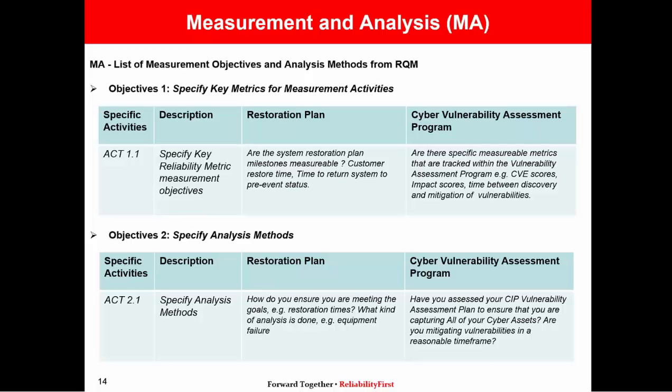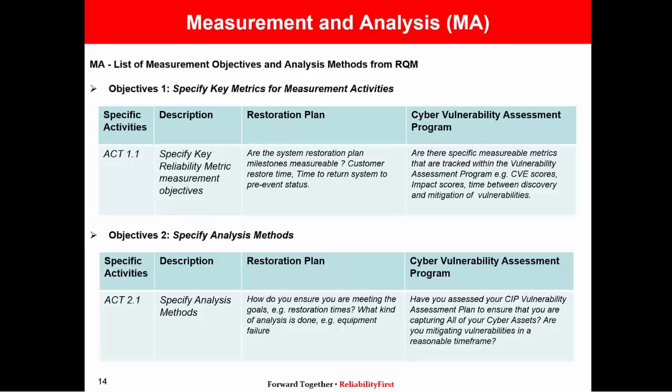So MA is really looking at a list of measurable objectives or analysis methods from the previously mentioned management practice of reliability quality management. In MA, there are 4 objectives. So let's begin with the first one, which is specify key reliability metrics.